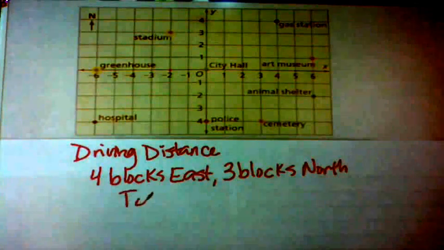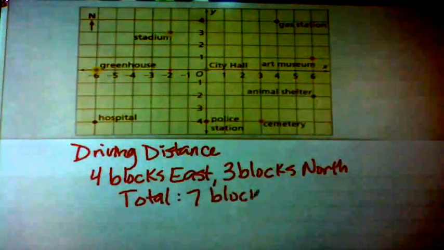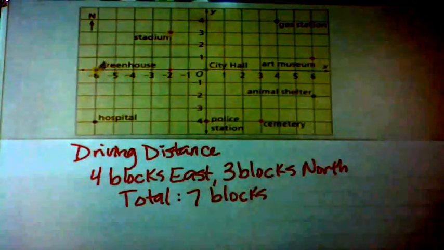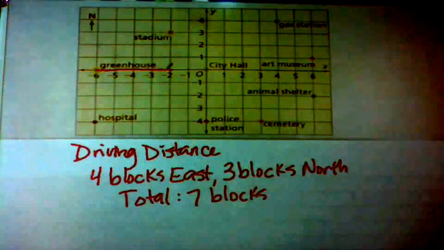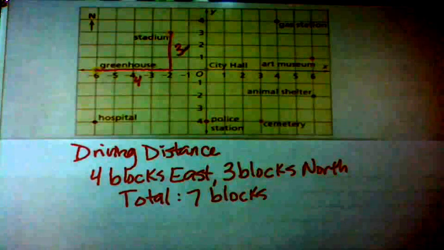For a total of 7 blocks. Okay, so I'm going to go ahead and draw that. We went 4 blocks east and 3 blocks north.